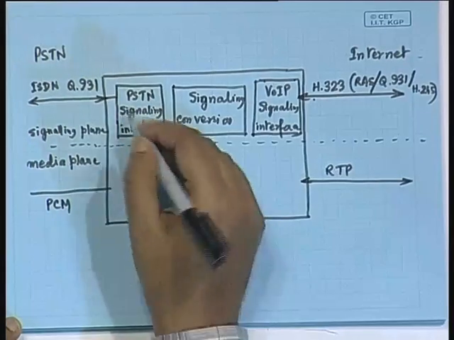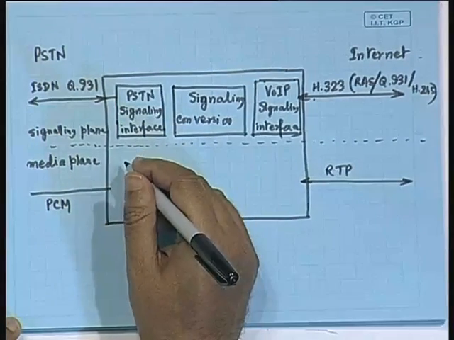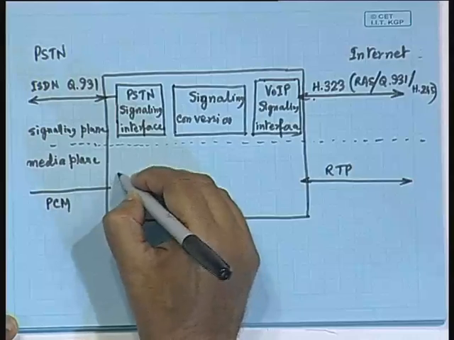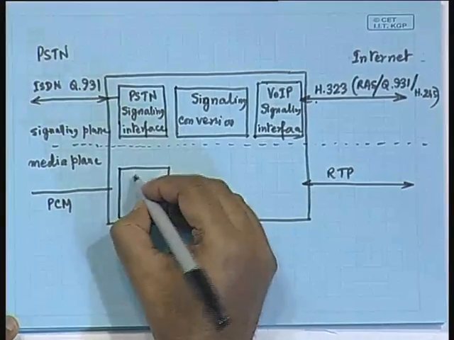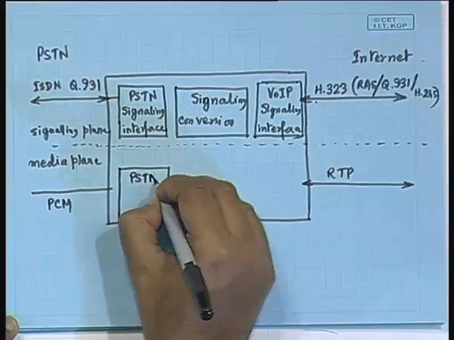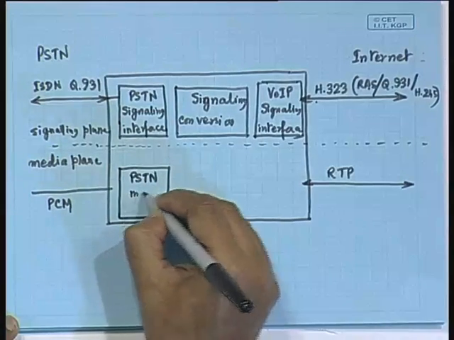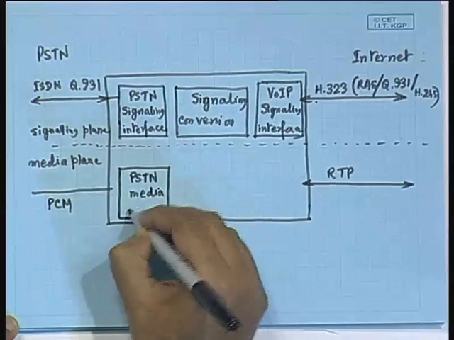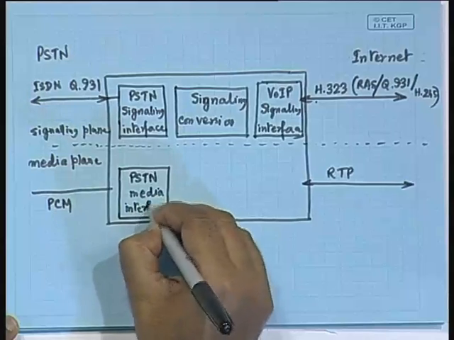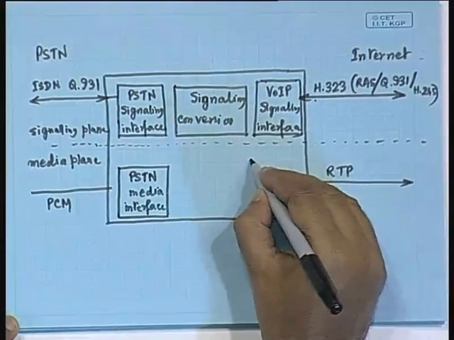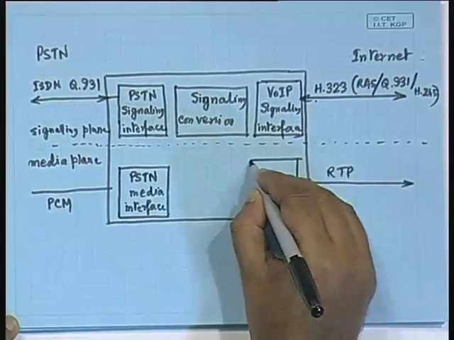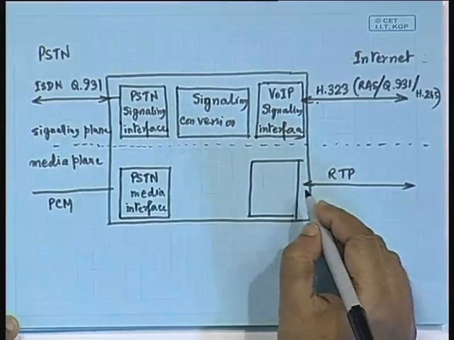So, there must similarly be the PSTN media interface on this side. This sub block will be the PSTN media interface, and this block we will correspondingly call the VoIP media interface.